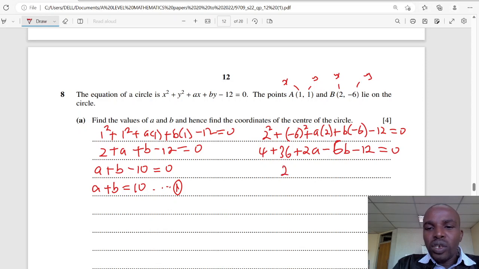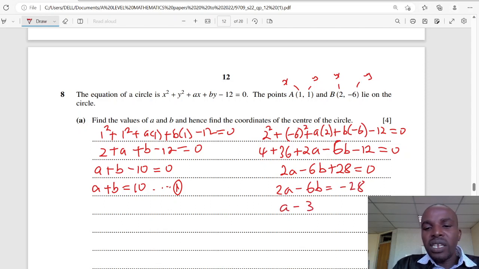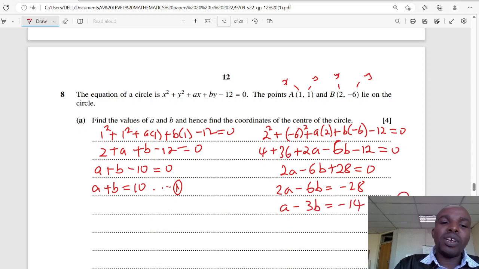Then here it will be 2a minus 6b, right? You put 4 plus 36. What is 4 plus 36? It is 40. 40 minus 12, what do we get? 28. Then you can say 2a minus 6b is equal to negative 28. Divide everything by 2. You get a minus 3b is equal to minus 14. This will be your equation number 2.